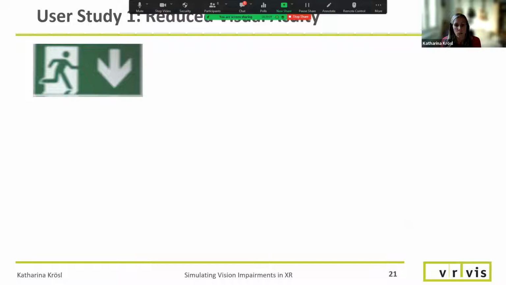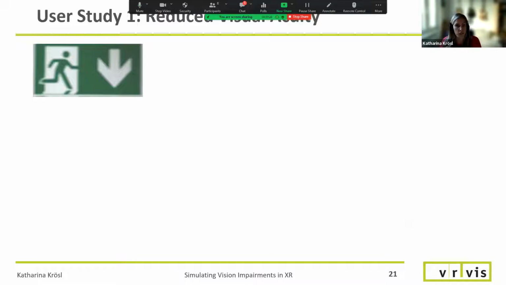In order to test our calibration methodology for visual acuity, we conducted a user study. In this study, we investigated the maximum recognition distance of escape route signs. This is the maximum distance at which a person is able to recognize the direction the sign is pointing to.